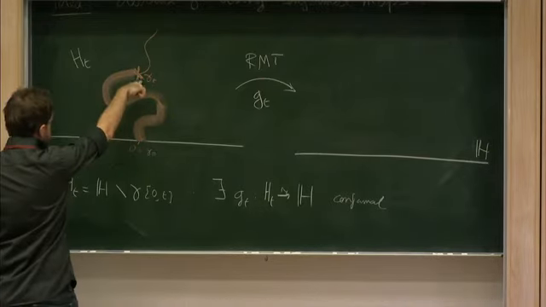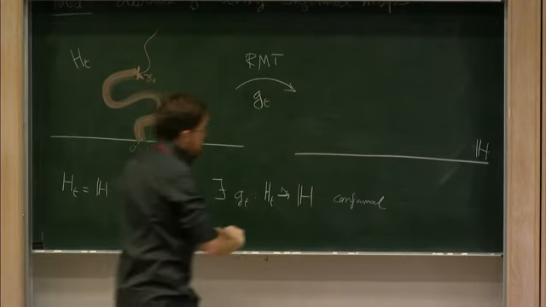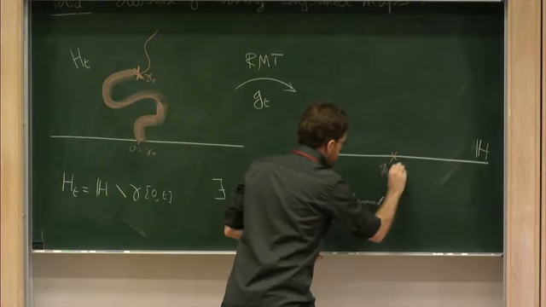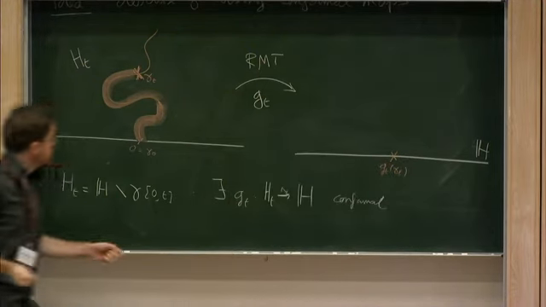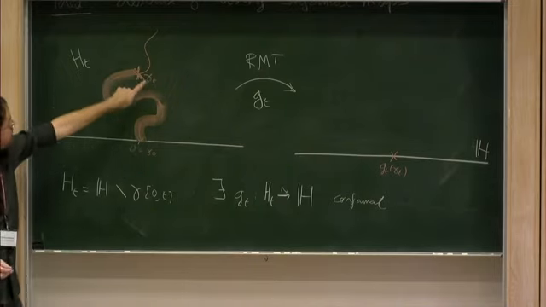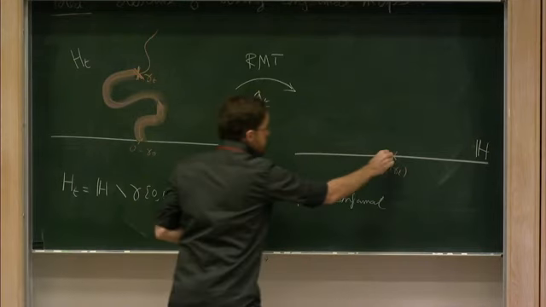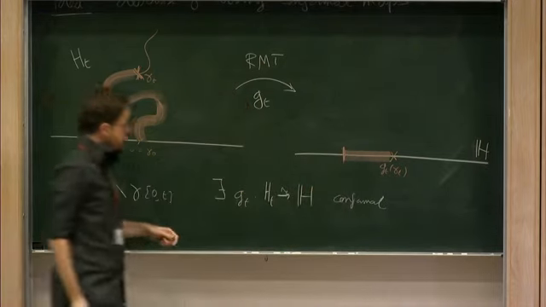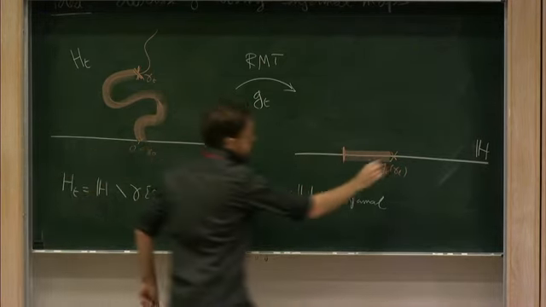It sends the tip of the curve, the gamma t here, to some point here. So this will be gt of gamma t. The left side here of the curve will be sent to something on the left here. The right part will be sent to something on the right.